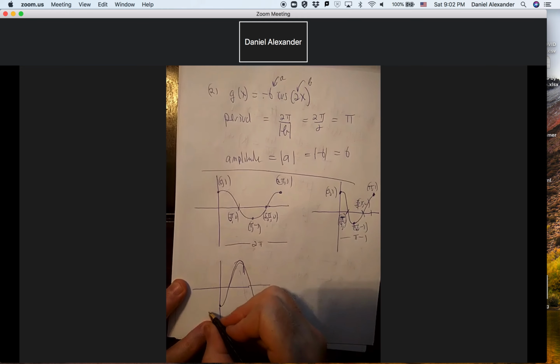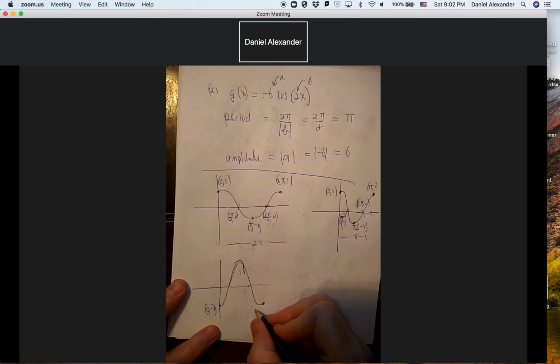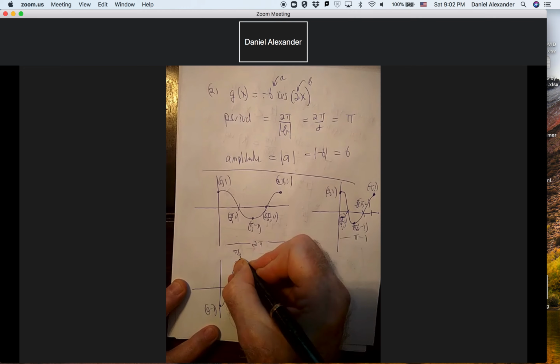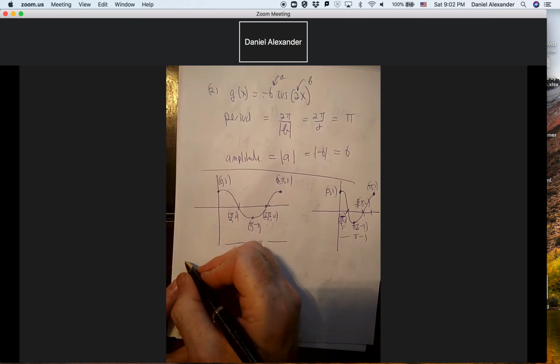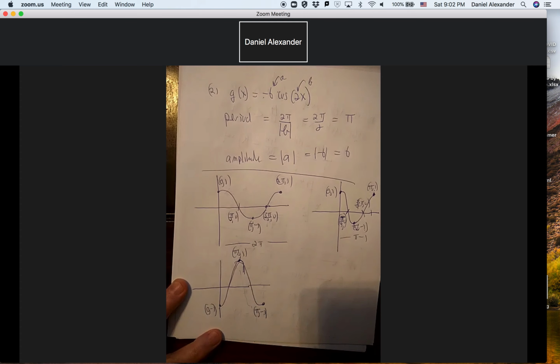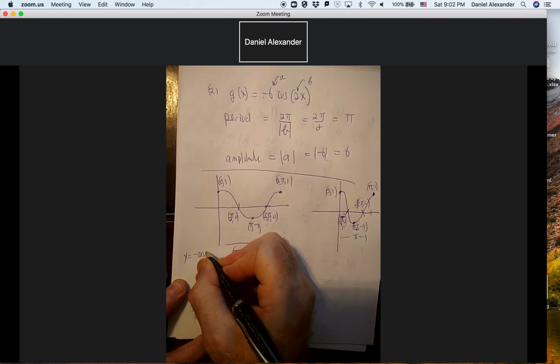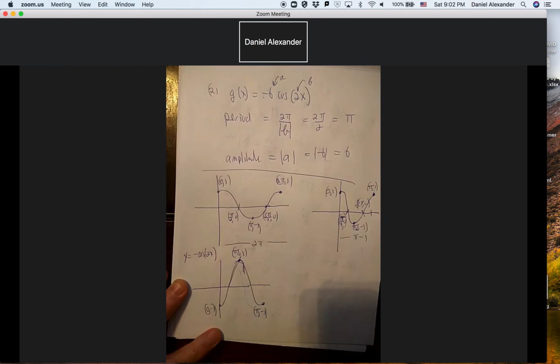This was 0, 1, so it's going to be 0, minus 1. This was pi, 1, so it's going to be pi, minus 1. This was pi over 2, minus 1. That's going to be pi over 2, plus 1. That's just the minus. So this was y equals minus cosine 2x.